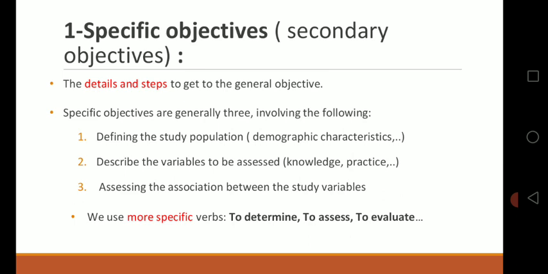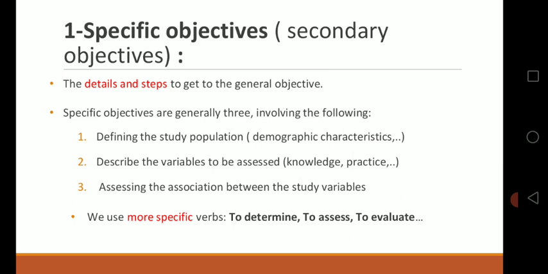We write the details and the steps to get to the general objectives. تمام، يعني specific objectives ديل هما من اسمهم هم more than one objective، ما زي a general objective. تمام، اللي هو داك single objective. هنا هم عبارة عن the details أو the steps that you are going to conduct in order to achieve the main outcome أو to achieve the primary objective. تمام.